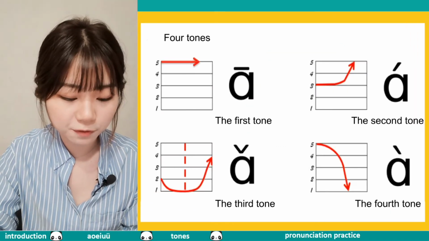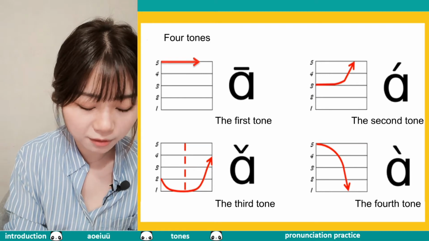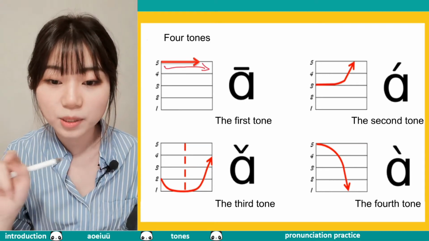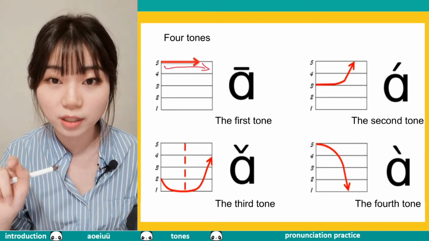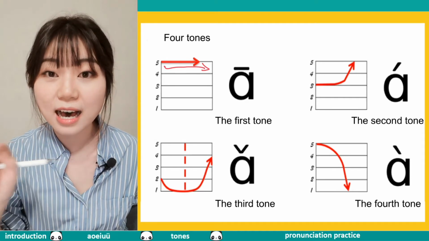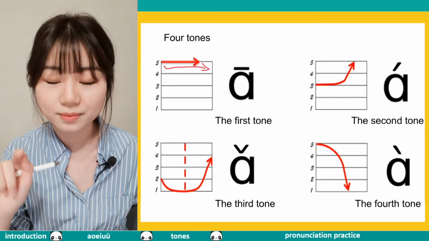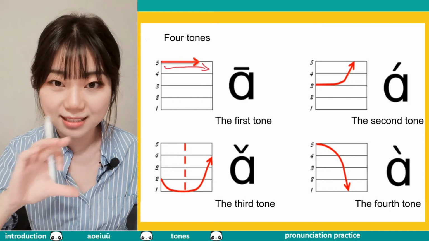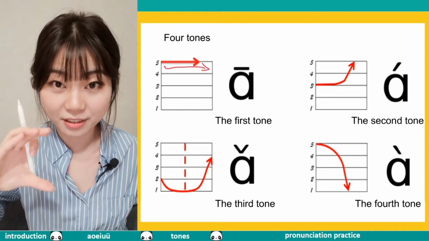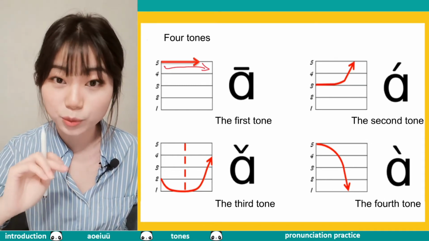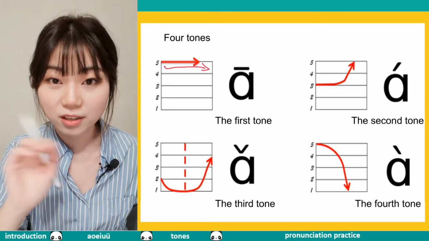And the red line here represents the tone's location and direction. The first tone is on the 5th pitch, high and flat, naturally prolonged. A. You can also use this invisible chart: 1, 2, 3, 4, 5. The first tone is on the 5.